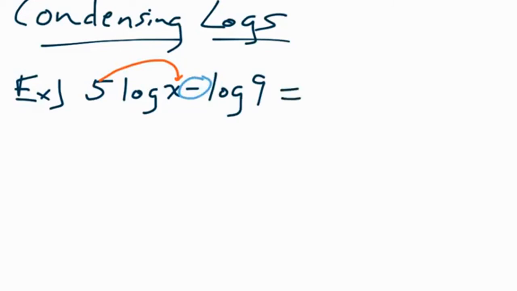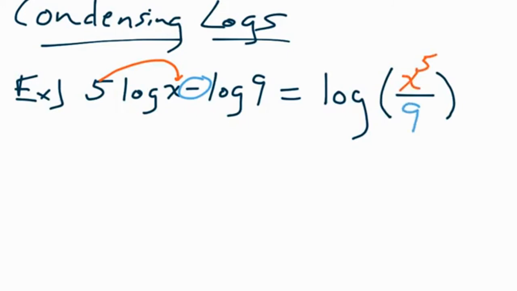I like to help students understand that the final answer is going to be 1 log. So write down 1 log. Create a template for a fraction. And now we can start to put everything in its place, such as the x to the 5th in the numerator and the 9 in the denominator. Now students will say, well, wait, how'd you know where to put what?